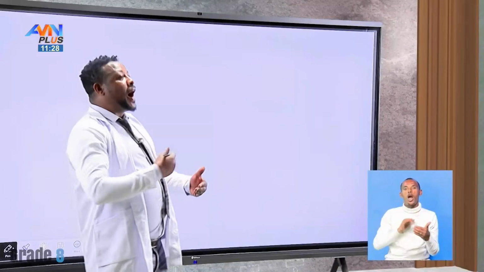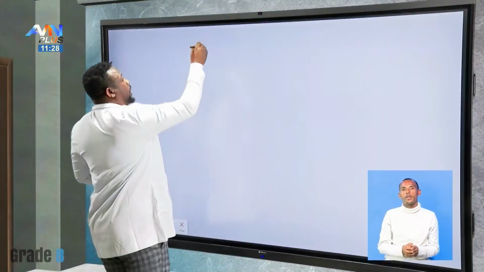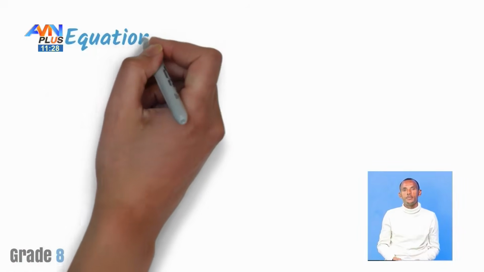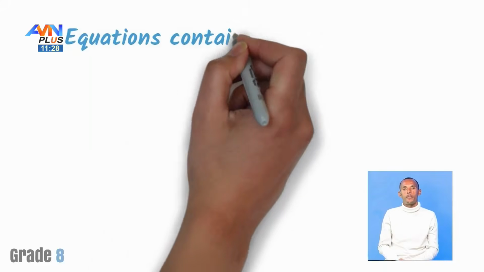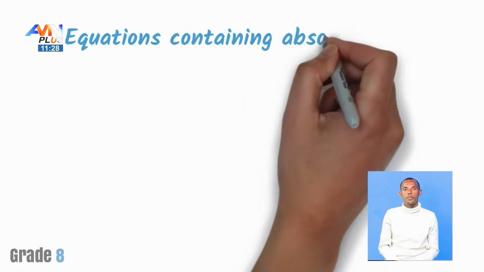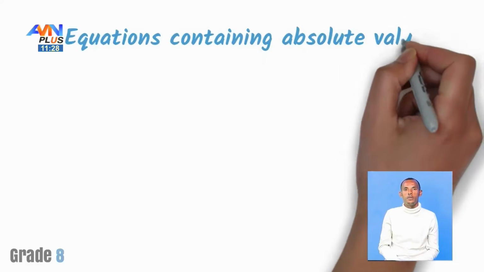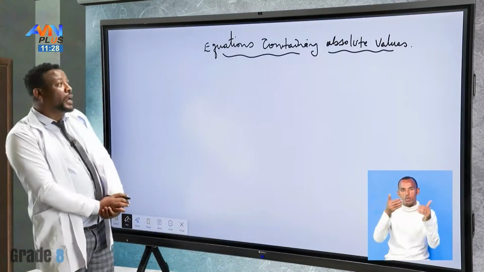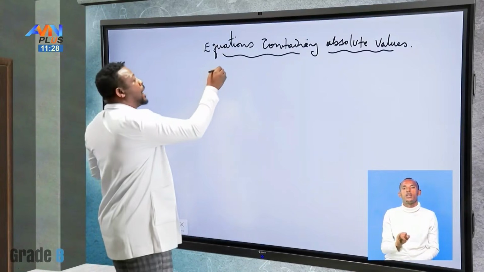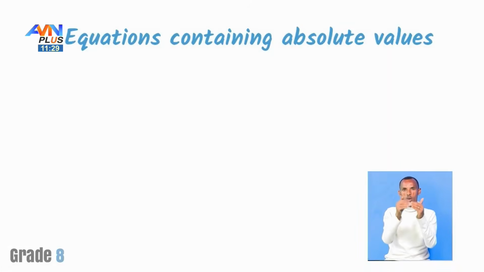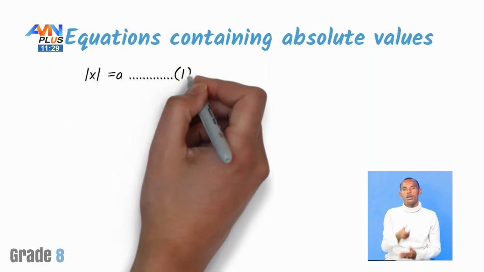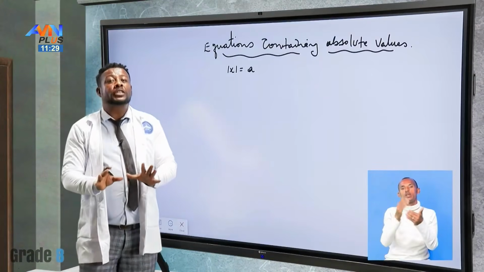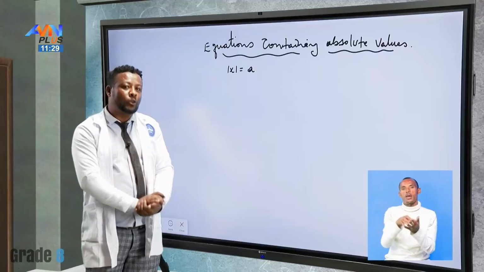So next, I will show you how we can solve equations containing absolute value. So the simplest form of equations containing absolute value is the absolute value of x is equal to some number a.